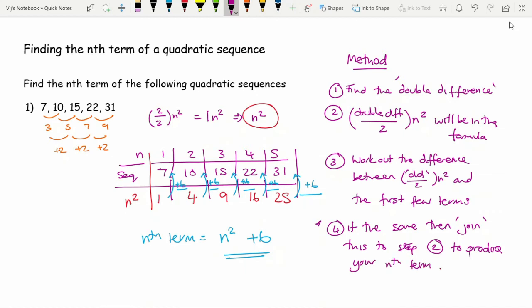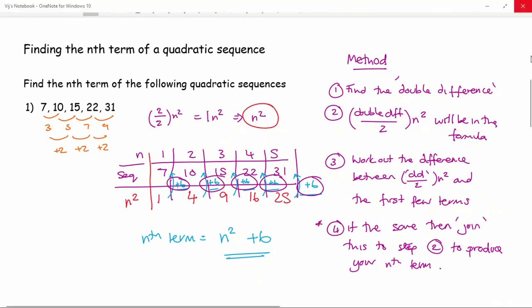Now I'm just going to put a little asterisk there because obviously if these numbers here weren't the same, and when we go on through a few examples there will be a case where that isn't the same, then you'd have to have a look at going a little bit further, and that's probably where you'd go to a higher level question on quadratic sequences, which would easily appear on a GCSE paper, less likely to appear on a standard KS3 paper. So our nth term for this particular quadratic sequence is n squared plus 6.